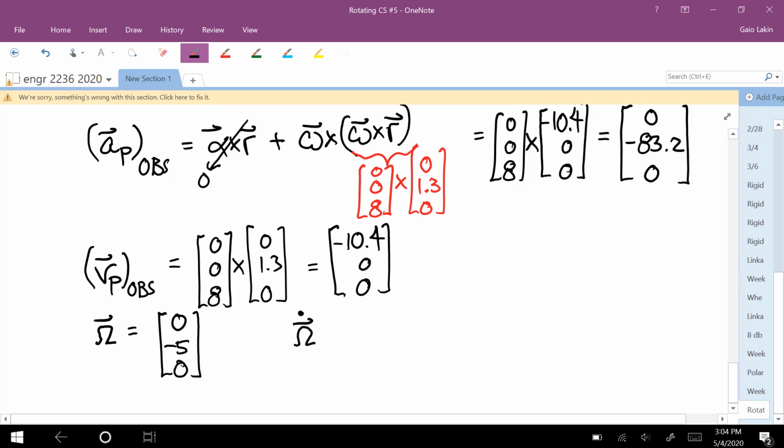Angular acceleration of the coordinate system is (0, positive 10, 0). And p, so remember the definition of p is a vector from the origin of your coordinate system to the object that you care about. In this case, that's going to be the same as our r vector was a minute ago. That's just going to be (0, 1.3, 0).